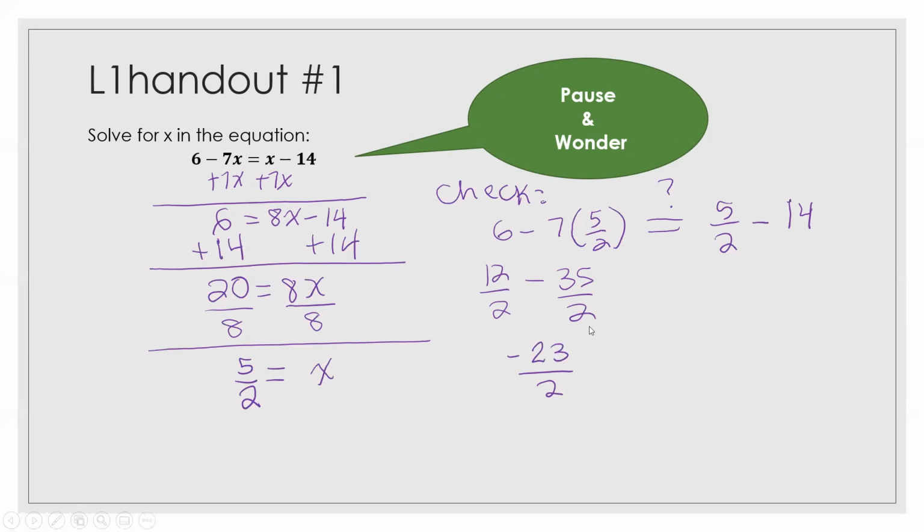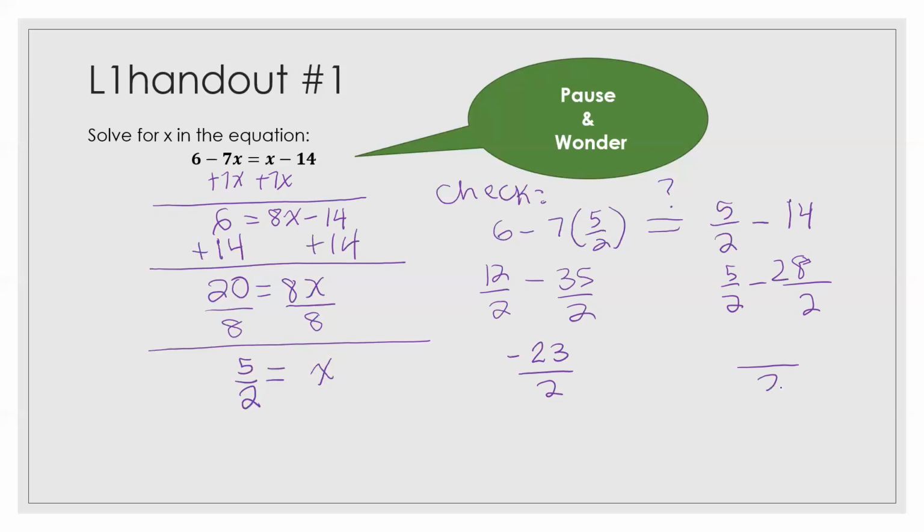So whatever I have there on the right-hand side, it had better be the same as negative 23 over 2. Otherwise, the equation is not true, and 5 over 2 is really not your solution. So make sure that they're the same. So 5 over 2 minus 14 is the same as 28 over 2.